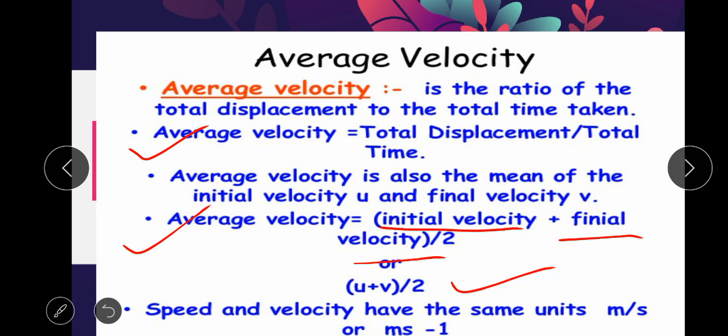Then we can write mathematically (u plus v) upon 2. The SI unit of velocity is meter per second, so the same unit is here for average velocity, meter per second. Speed and velocity, in both we have the same magnitude. If we are talking about a straight line, then both have the same units, meter per second.